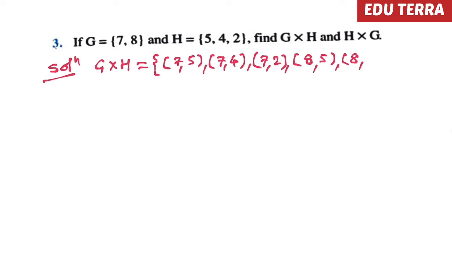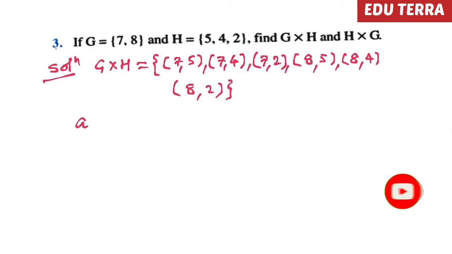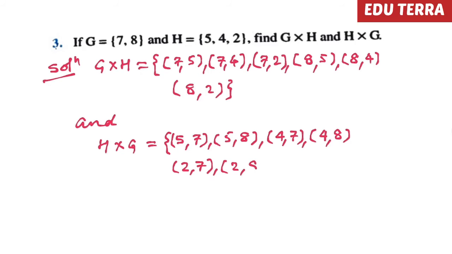It is G cross H. So for H cross G, you have to write the first element from H and then the second element from G. So let's see here, H cross G. It will be, first element of H is 5. Okay, so it is our answer for question number 3.